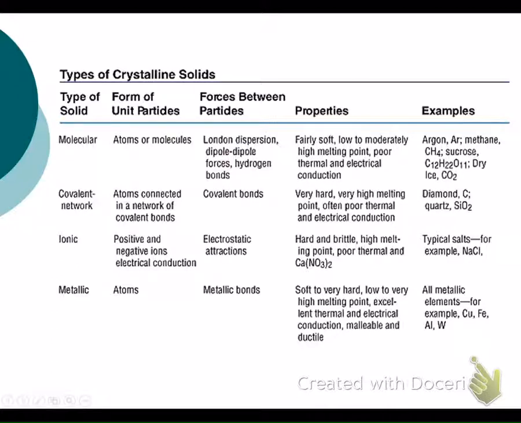And then we have varying degrees of electrical properties, malleable, ductile, and I'll explain what happens in metallic bonds to cause that briefly. But these will be all of your metal elements and your alloys, such as bronze and brass and so forth. So again, print this off, put this in your notebook.